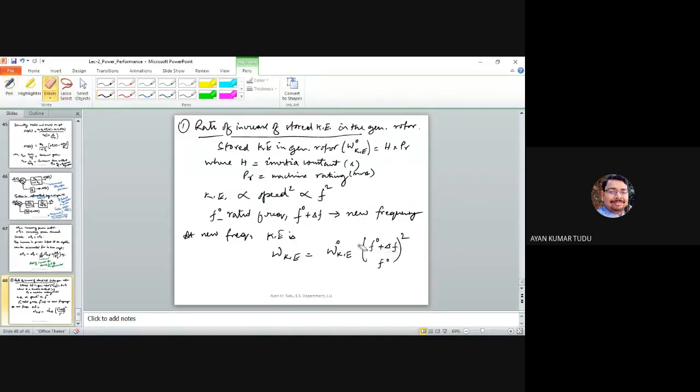Can we write it? Yes? Hello? Okay, we can write it. Correct. Now what we are doing is finding the d by dt of WKE.